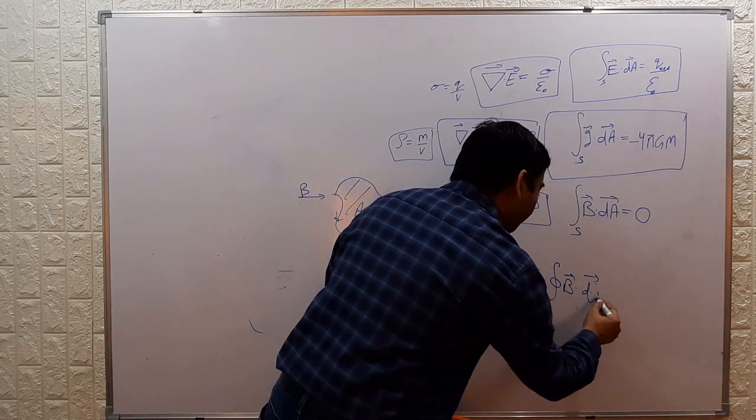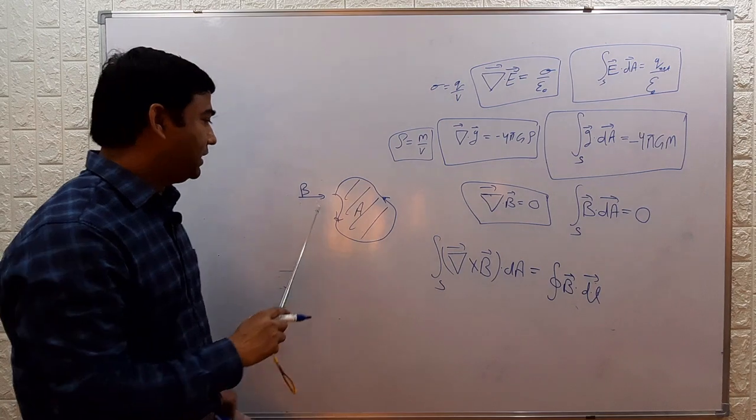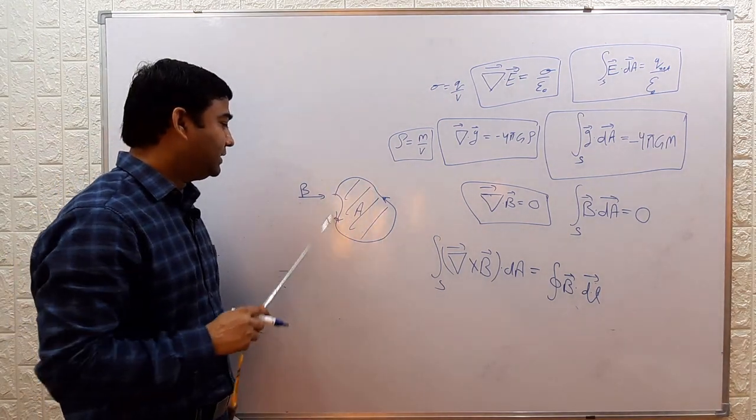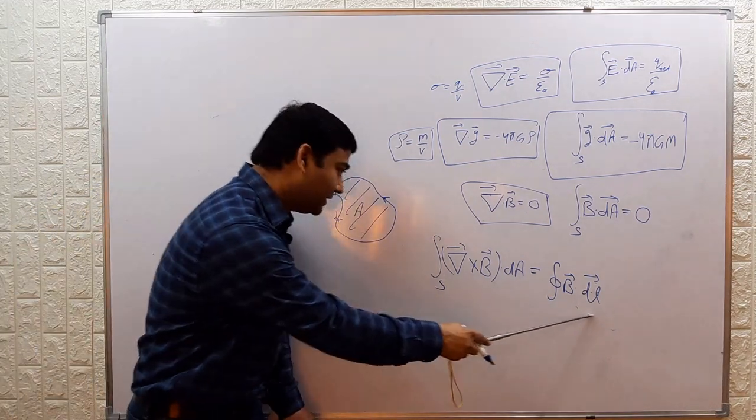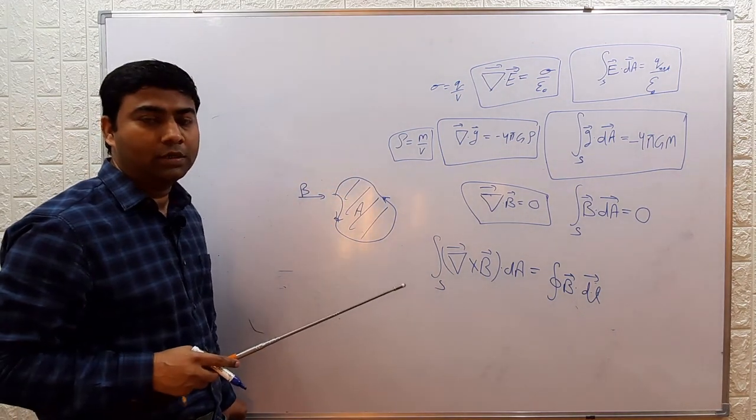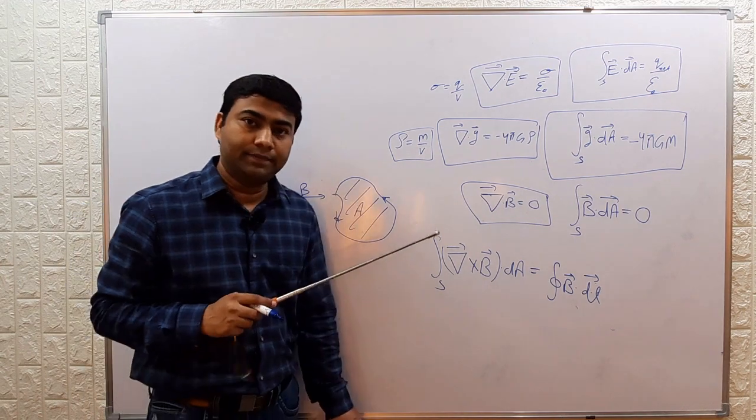That is a line integration. Line integration in a closed loop will give you a circulation. So that is Stokes' law for magnetic field.